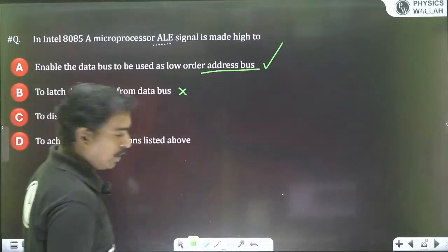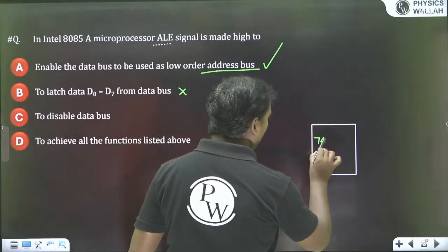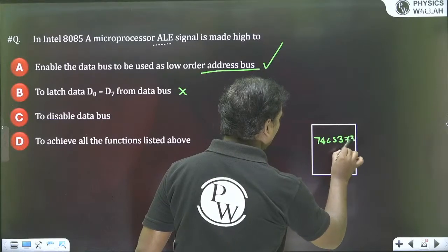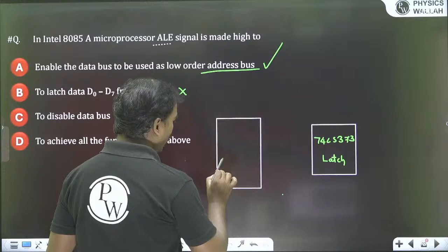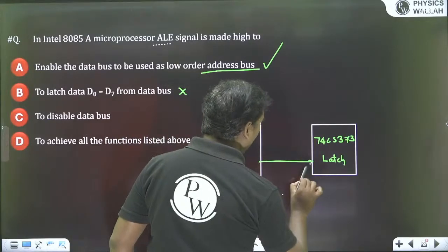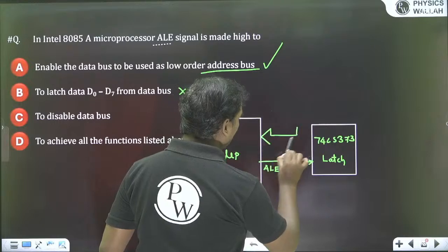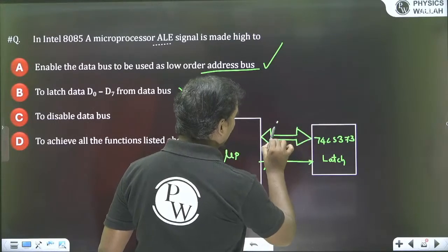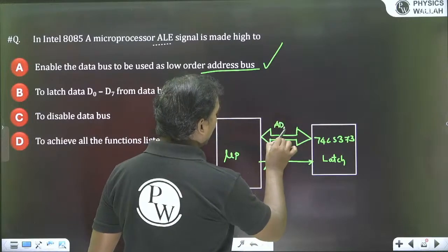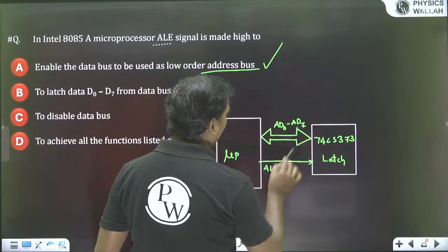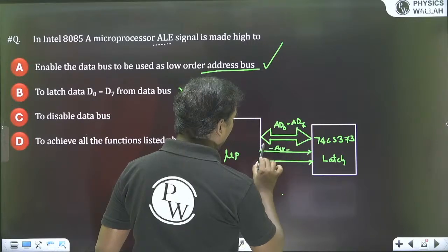See, this is our address latch, a 74LS373, which is called a latch. And this is our microprocessor, the 8085 microprocessor. It will give you the ALE signal, address latch enable. Before this, the address bus was combined, that is AD0 to AD7, and the remaining address bus is A8 to A15.